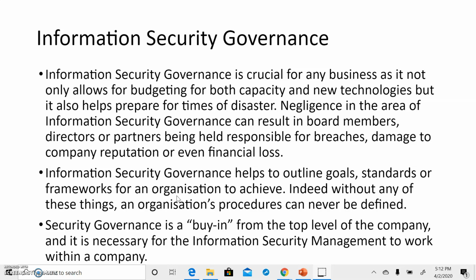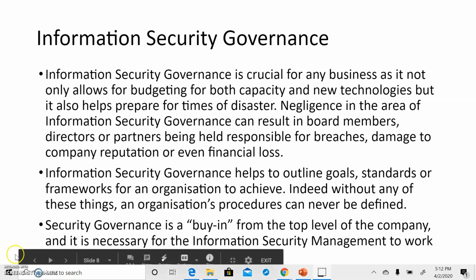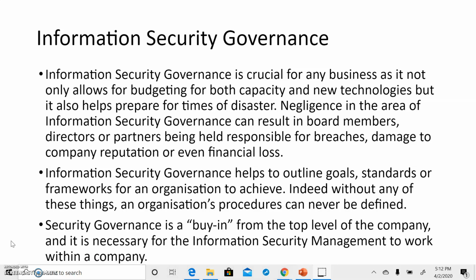These are the important areas that any board member, partner or director responsible for information security governance should be aware of.